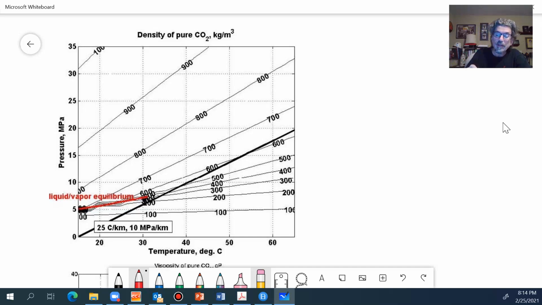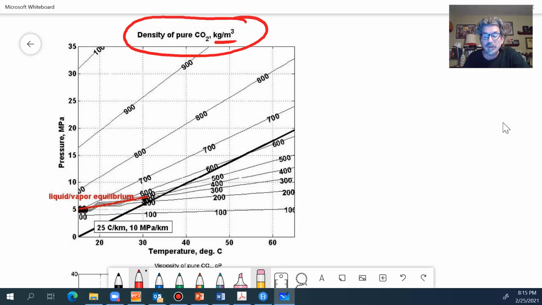And let's change to red. So we'll figure out the density of CO2 in kilograms per cubic meter. So each one of these lines here is a line of the material property of the CO2, 800 kilograms per cubic meter, 700 kilograms per cubic meter.